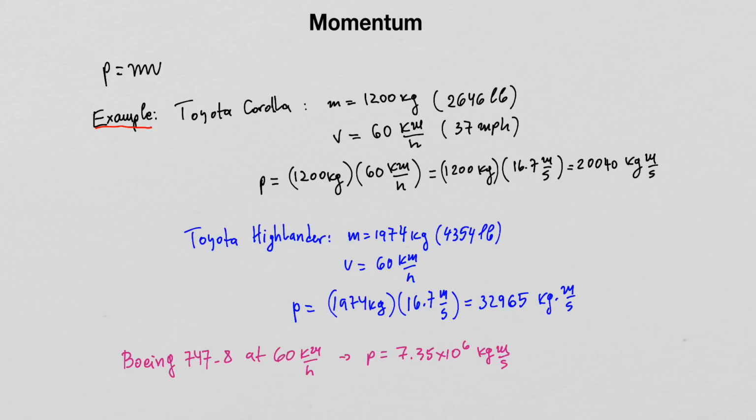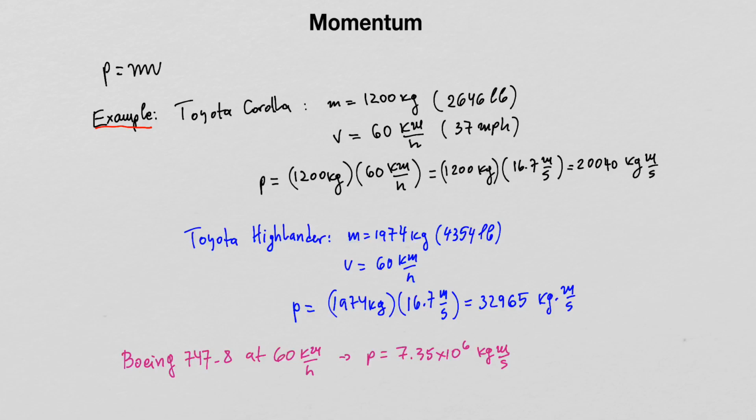And so an 18-wheeler moving with 5 kilometers per hour will have a giant momentum, even though it's moving really slow, because of the mass of the truck. Let's look at a comparison example to illustrate the point here.